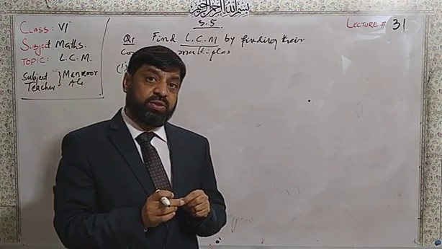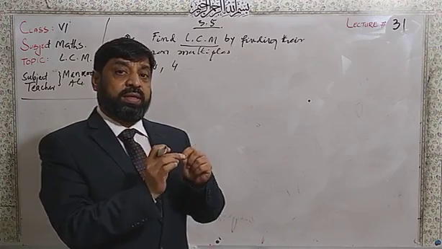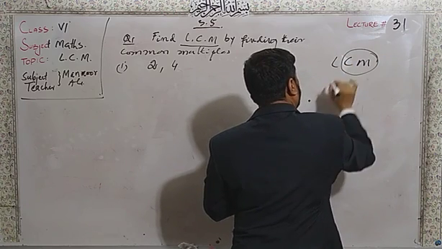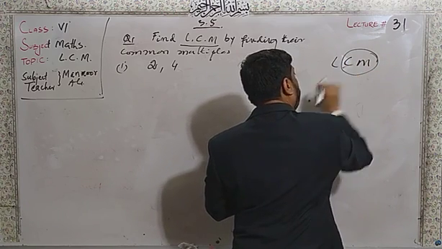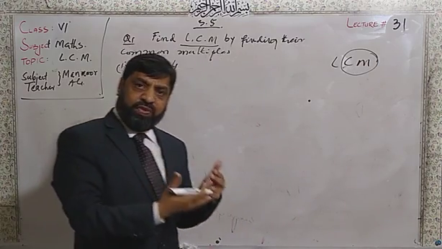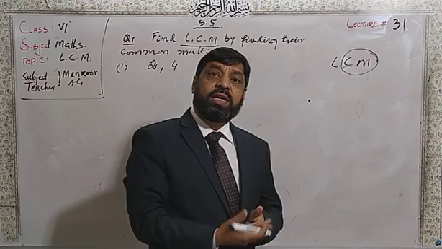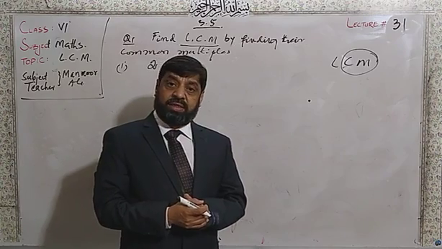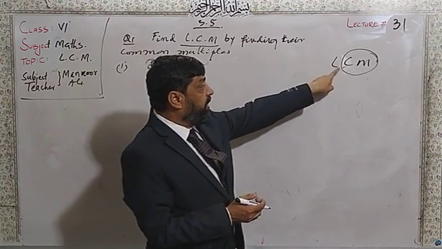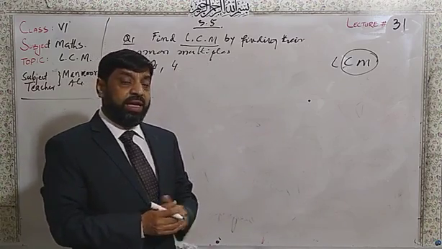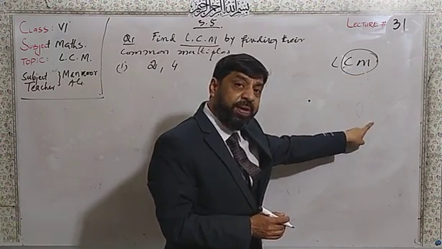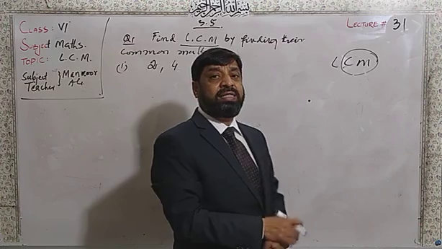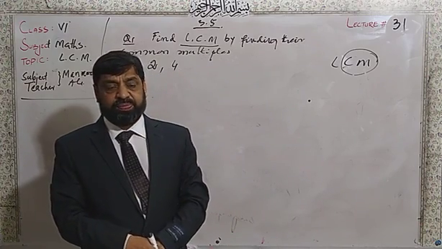LCM consists of two segments like this. First of all, we will find the common multiples. Means first we find the multiples, then common multiples, then the lowest common multiple that will show us the LCM. If we think about the LCM, first we find multiples of the given numbers, then we find the common multiples, then we find the LCM of the common multiples.